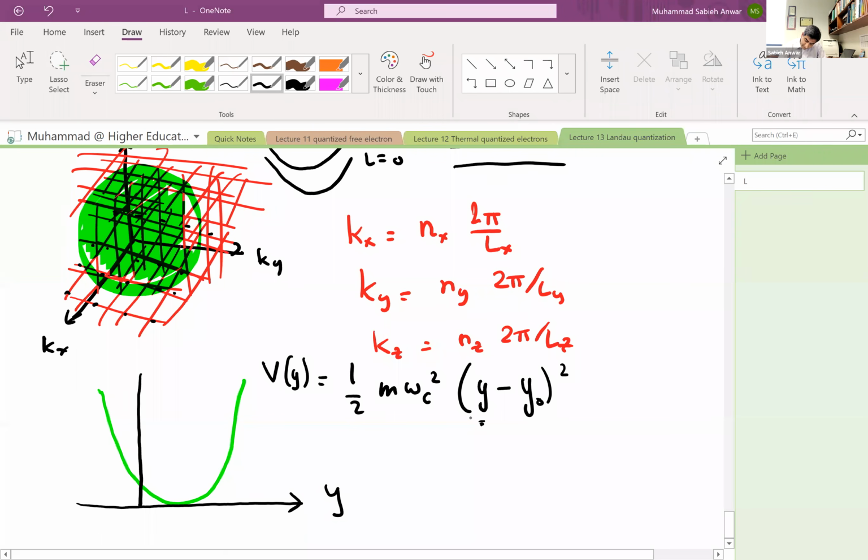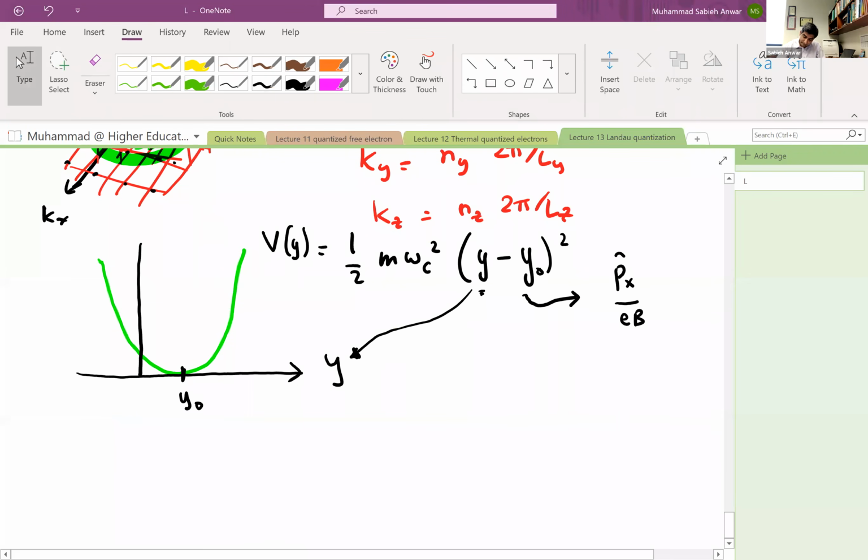Now this of course is this variable here. Y naught is px over eB. So this point here is y naught. So px, we all know that if we were to find the eigen energies of px, you'll get h bar kx eB.